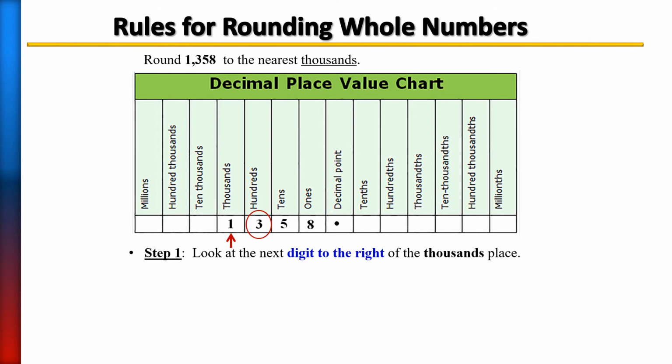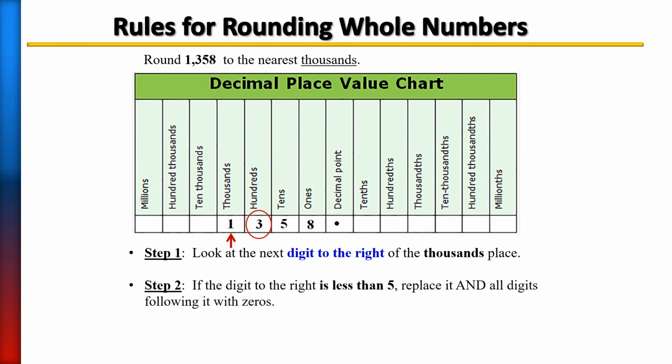If that number is less than 5, which it is, it's a 3, then we're going to replace that number and all the digits following it, all the digits behind it, with zeros.